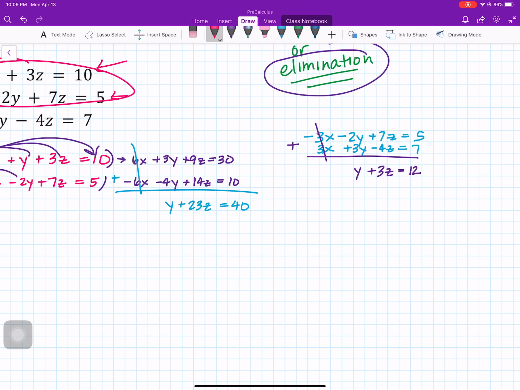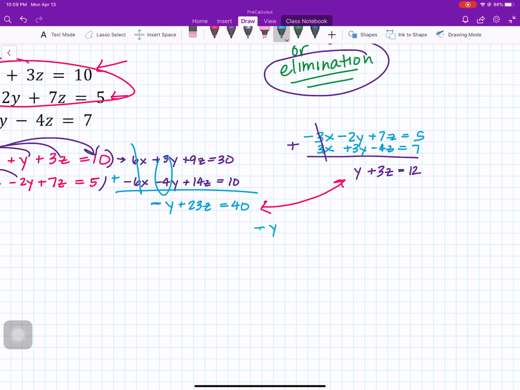So now we can either do substitution or eliminating with these two. Again, now we're trying to figure out one variable. It's pretty simple to me right now, or at least it feels like it is, to, this should be a negative, just add the two together right now.